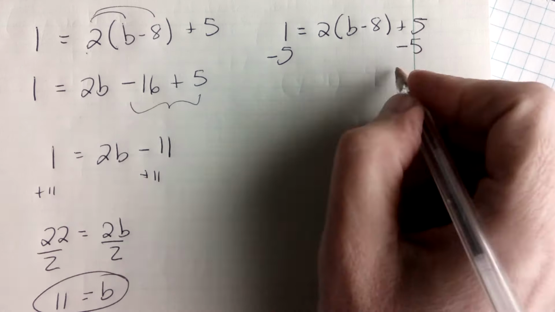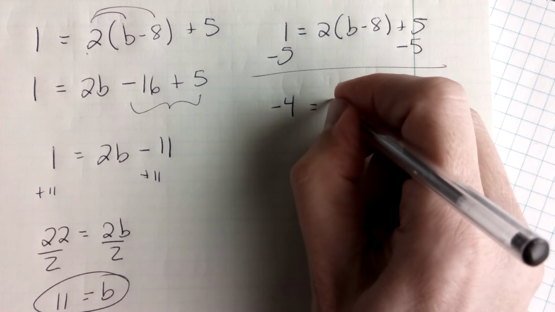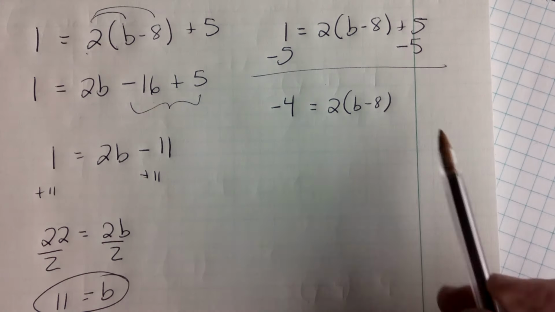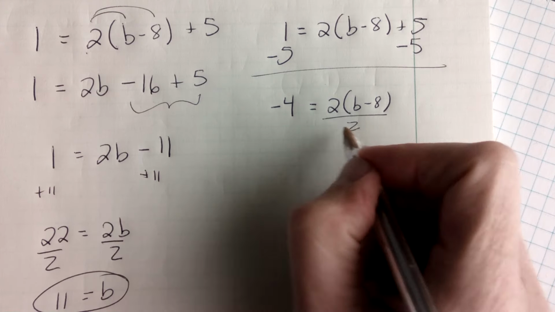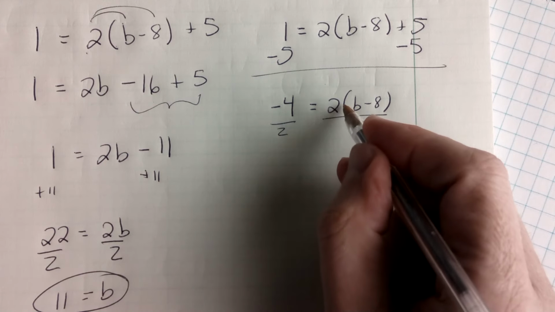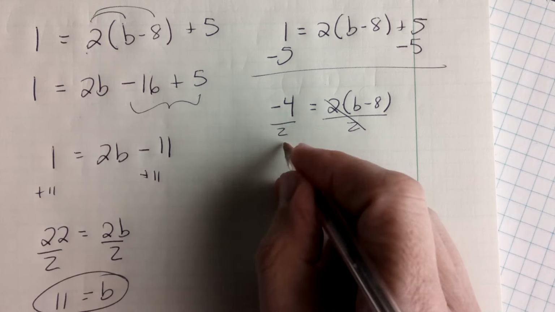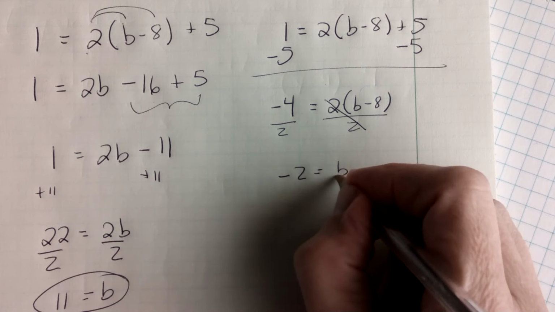That's going to give me negative 4 equals 2 parentheses b minus 8, because I minus 5 from both sides. Now I'm going to divide by 2 on both sides to get rid of this product of 2 in the parentheses. That's going to give me negative 2 equals b minus 8.